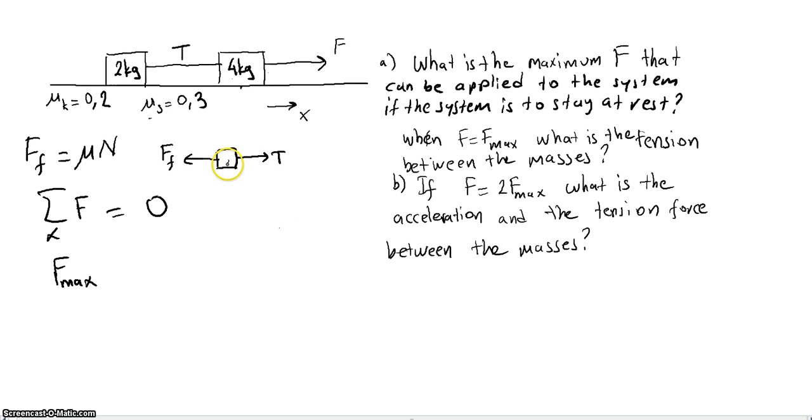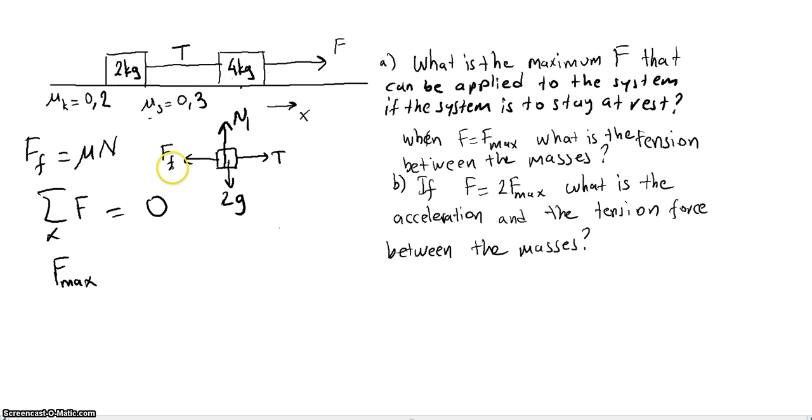And this is the weight, 2g, which is downward, and the normal contact force between the 2 kilogram block and the surface, let's call this n1.